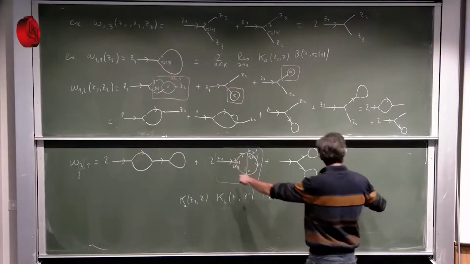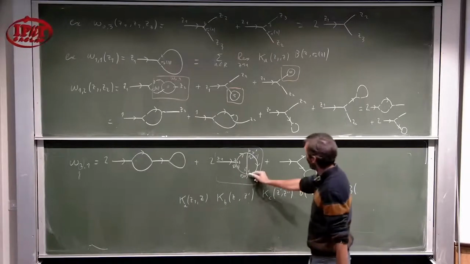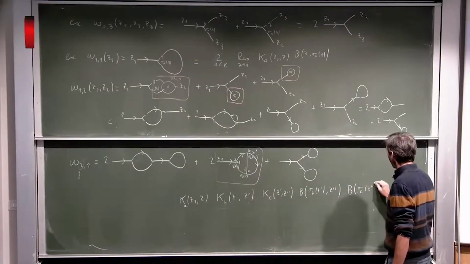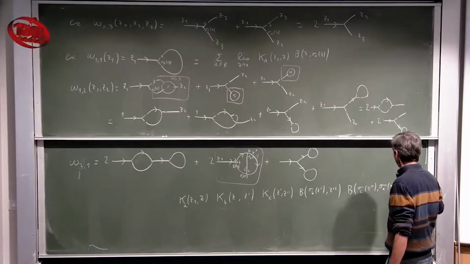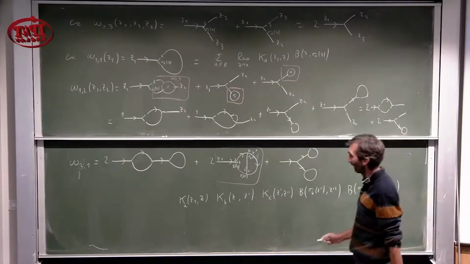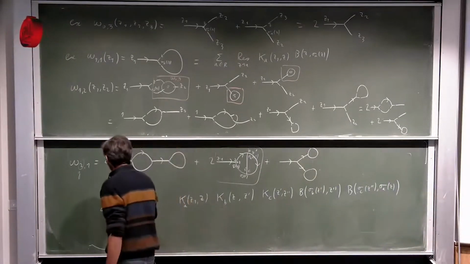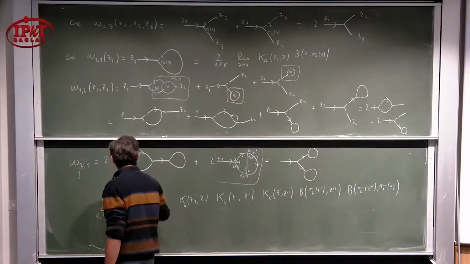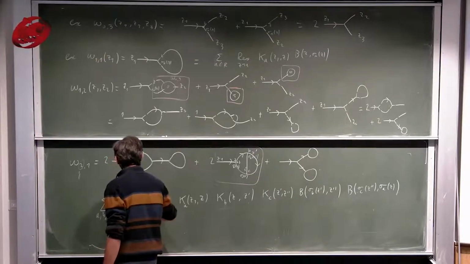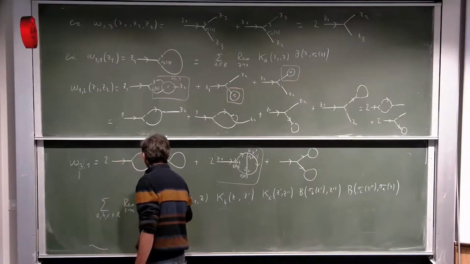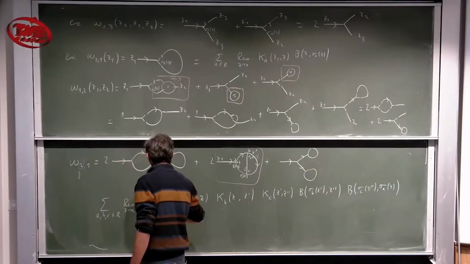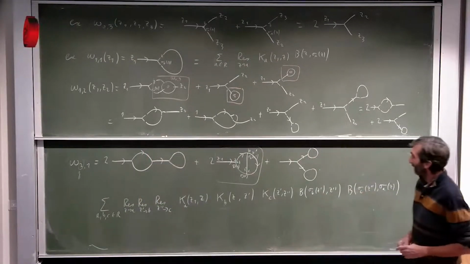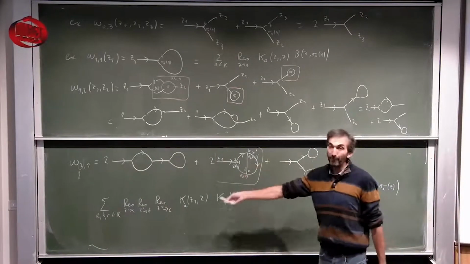And here you have another B of sigma C of Z second and sigma A of Z. And we take the sum over A, B, and C in R, and residue at Z goes to A, residue at Z prime goes to B, and residue at Z second goes to C. So this is just what this graph means, this formula.